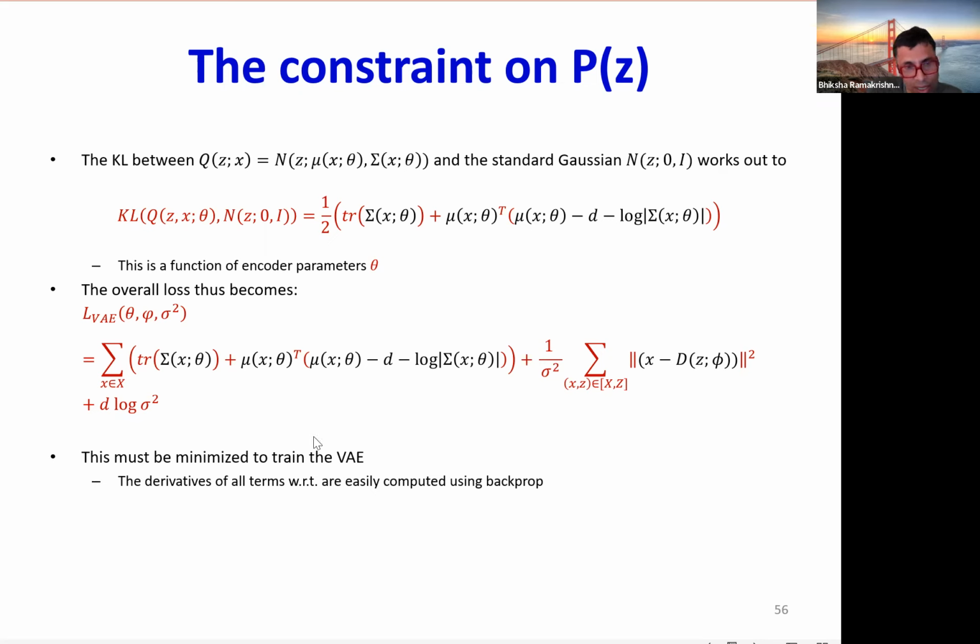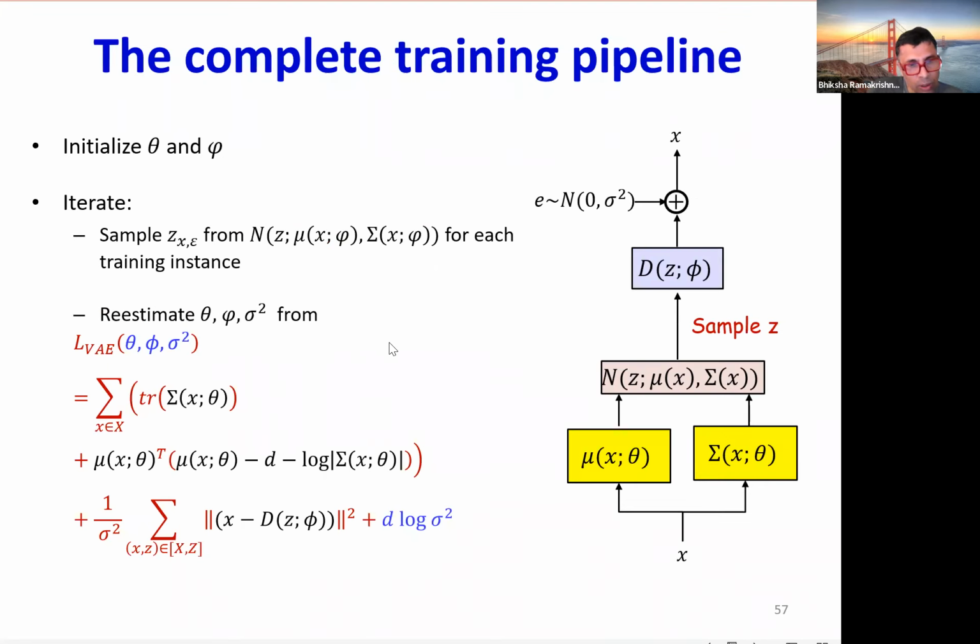This is the loss that has to be optimized with respect to the encoder parameter, the decoder parameter, and the noise variance. And now we have a closed form formula which we can estimate. Does that make sense? Yes, it makes sense.